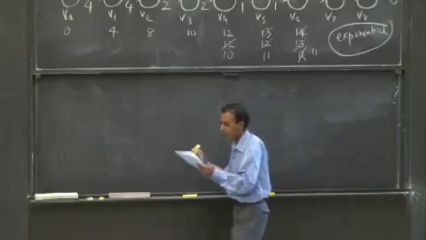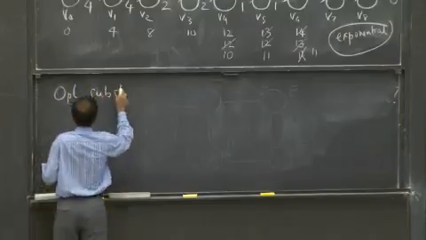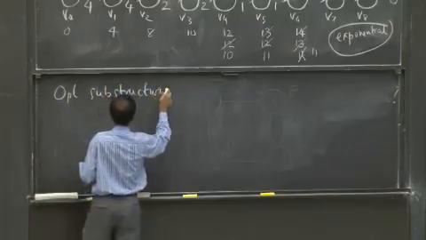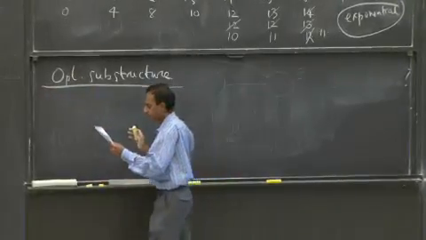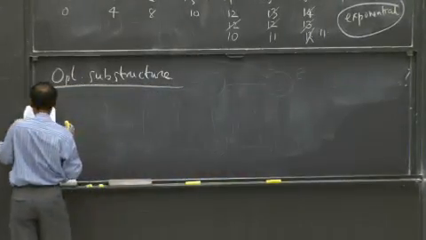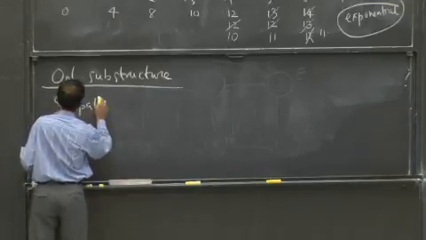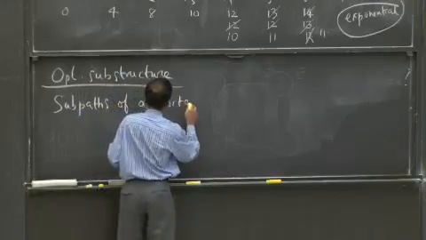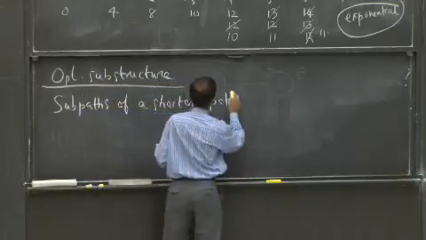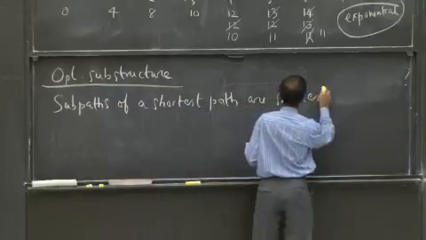And so I leave you with this very simple notion of optimum substructure using two very simple theorems that you can prove in literally a line of text. The first one says subpaths of a shortest path are shortest paths.